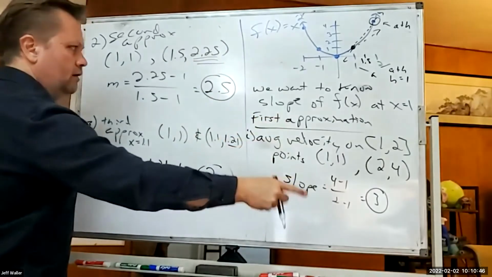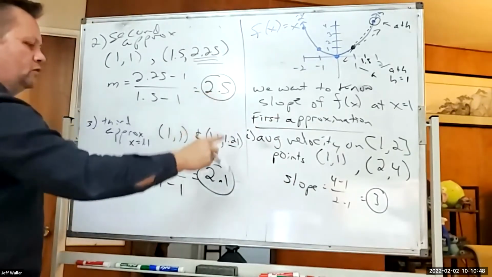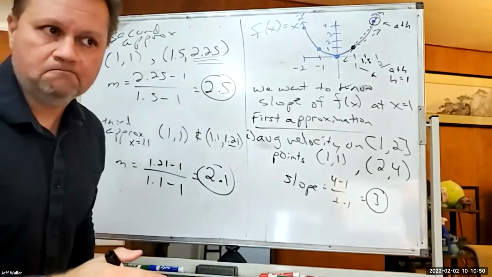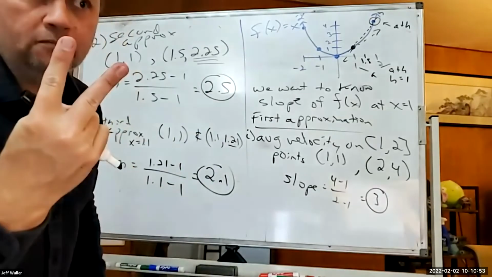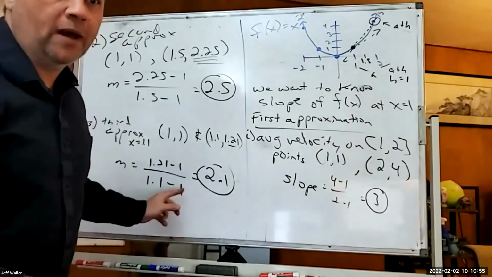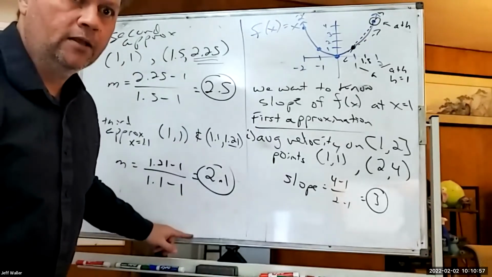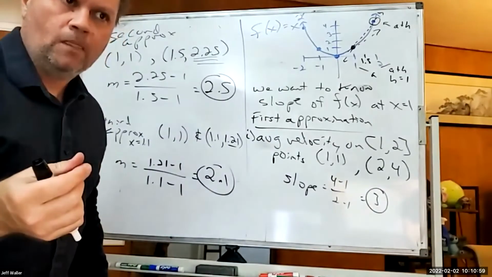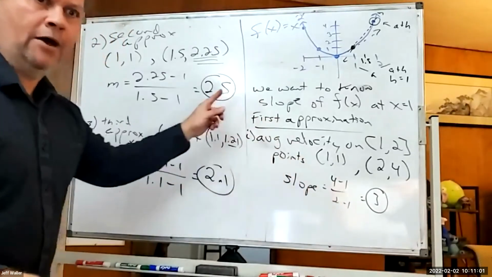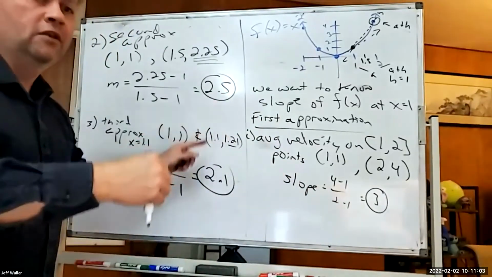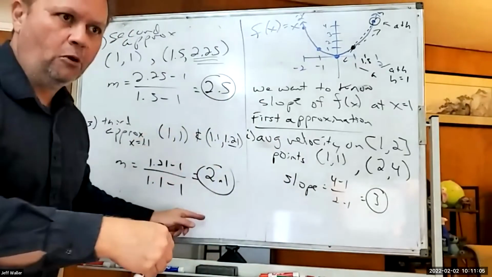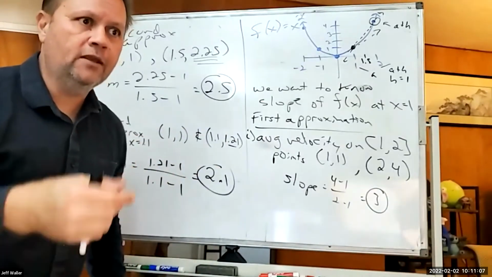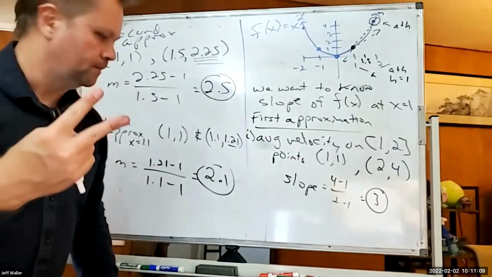We had 3, and then 2.5, and then 2.1. It turns out it is 2. You might have to do a couple more just to be sure, but you can already see it slowing down. 3, 2.5, 2.1. You do one more and you're going to get 2.0 something. And then you're like, okay, I think it's going to be 2.